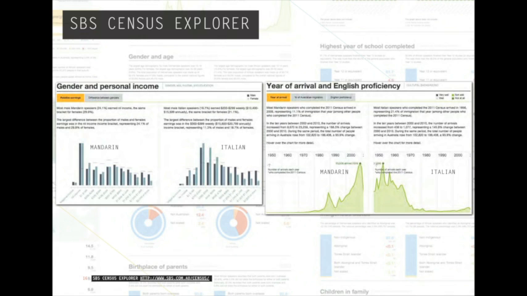And the observation is that because the Italians migrated to Australia decades ago, the community is more established, and the curve sort of follows the nationwide average.